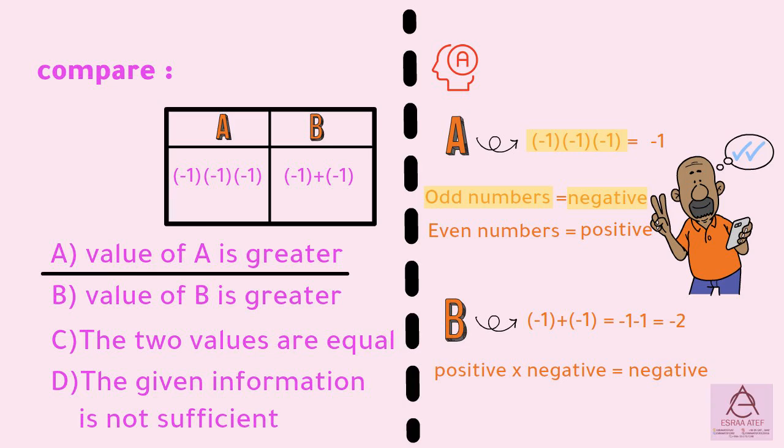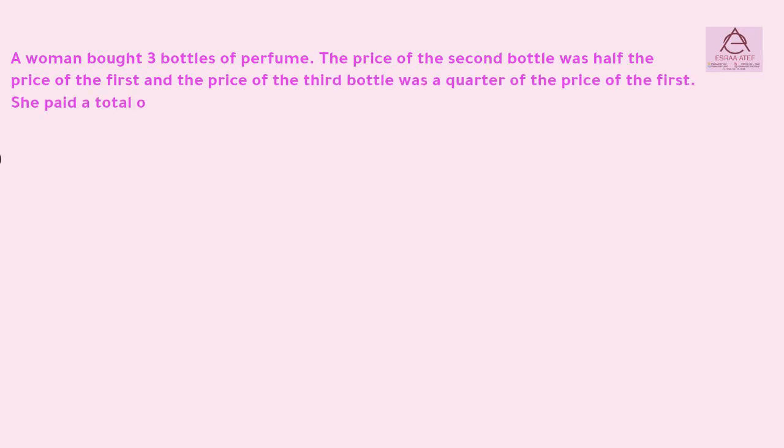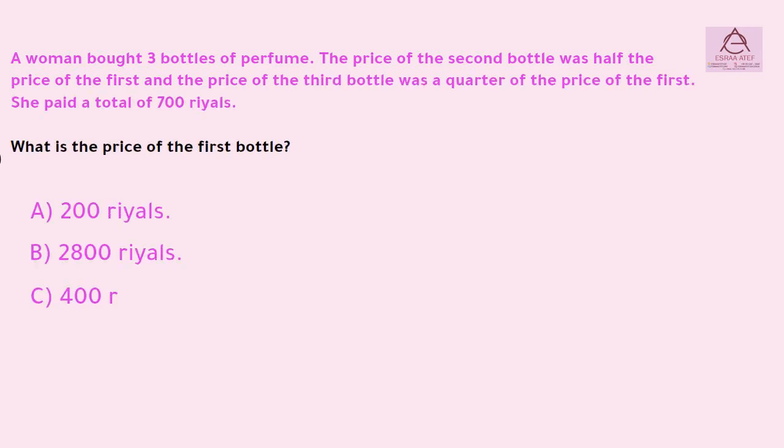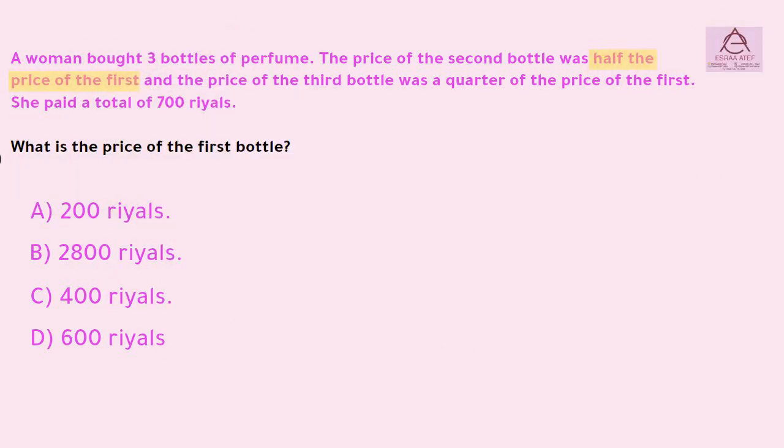The next question is: a woman bought 3 bottles of perfume. The first perfume, and the second one, and the third one. And he gives me the information that the second one is half of the first one, and the third one is a quarter of the first one.